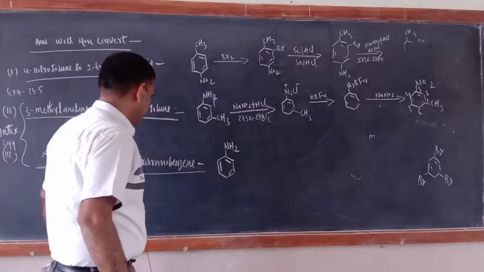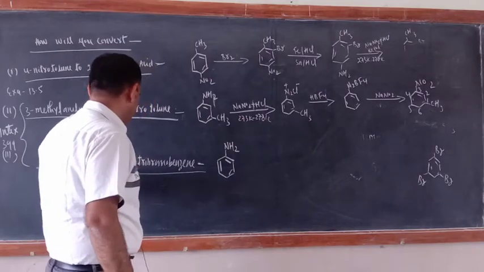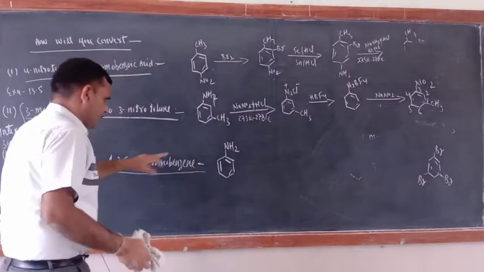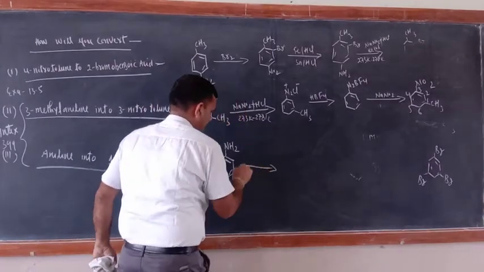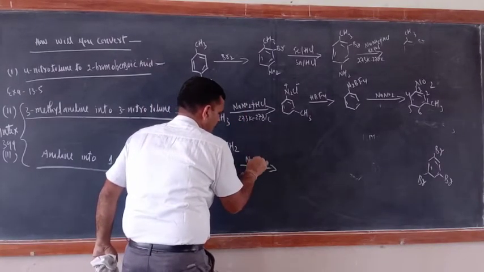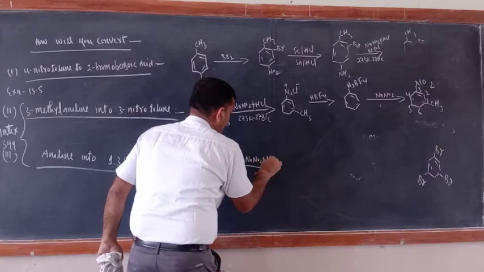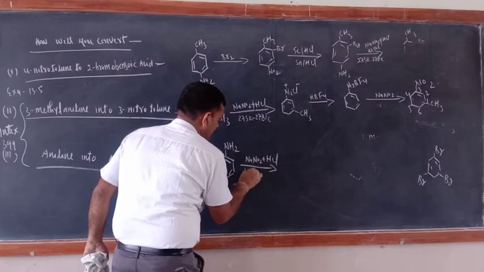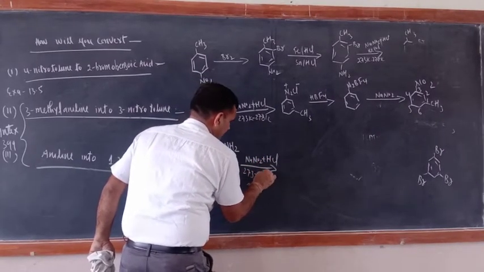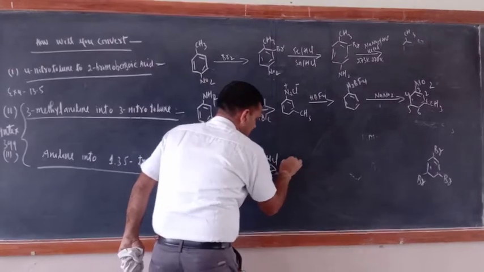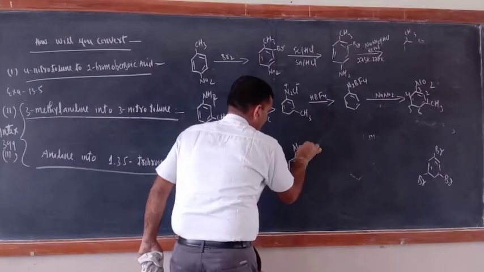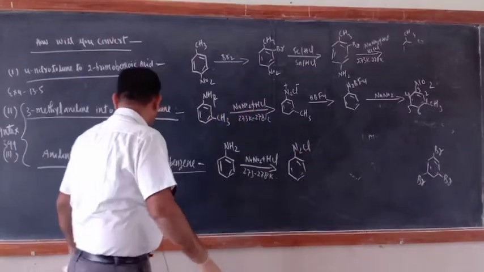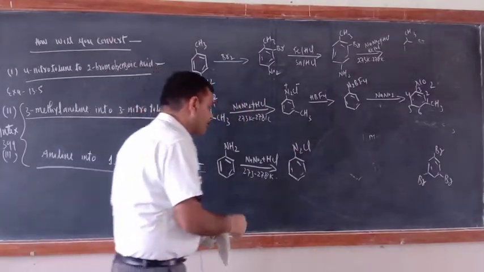What about this one? Aniline into 1,3,5-tribromobenzene. So now for this NH2 group, first, same thing: NaNO2 plus HCl, ice cold solution, 273 to 278 Kelvin temperature. This will be converted into benzene diazonium chloride, N2Cl.